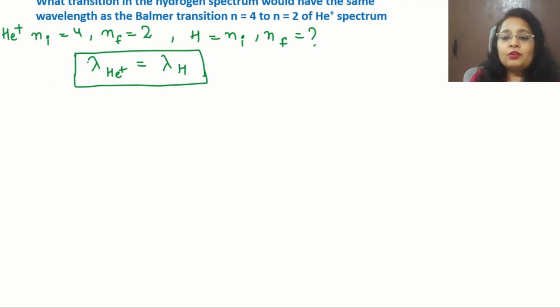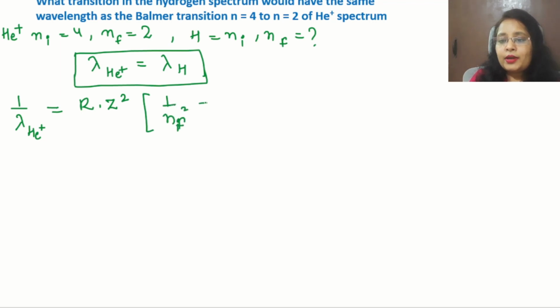So we have a clue that we have the wavelength, lambda. So let's start. We have one formula: 1 upon lambda, meaning wavelength. For He+, the formula is R into Z square, where Z is the atomic number, times 1 upon n final square minus 1 upon n initial square.